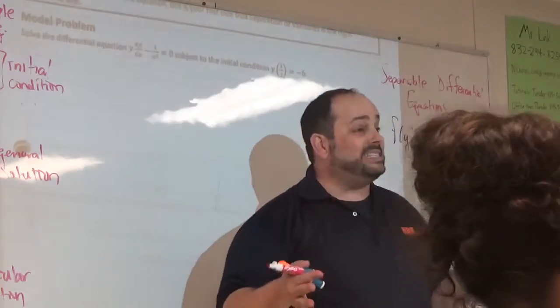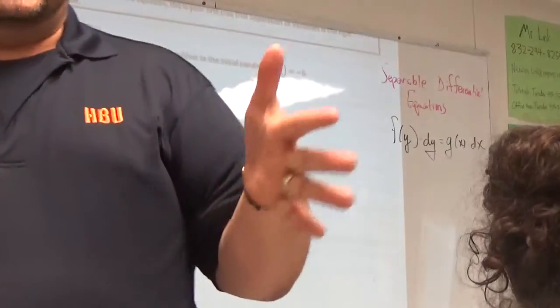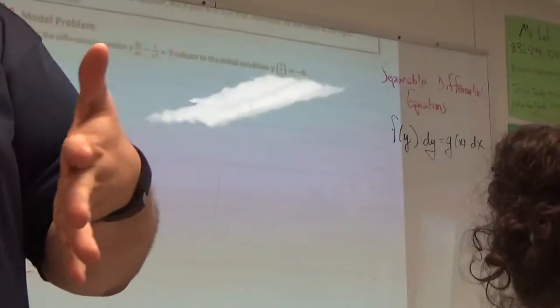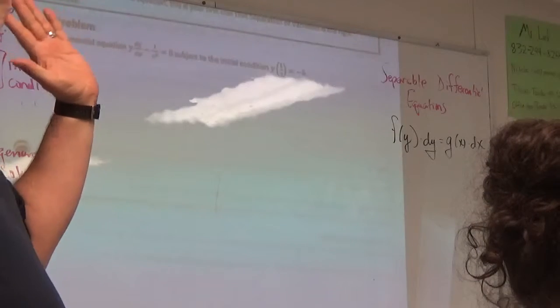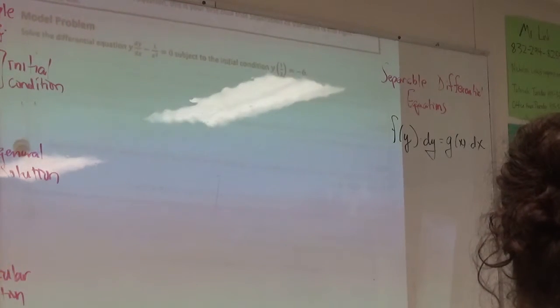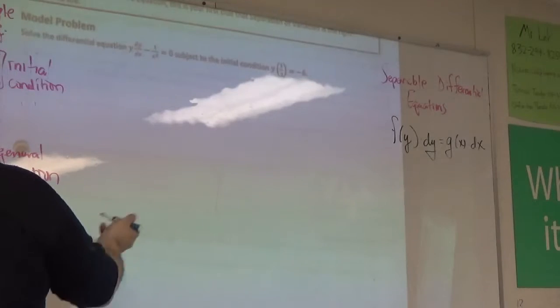For my process folks, who just want the steps to use all the time, this is one of those times. Almost all the problems we're going to work with are separable differential equations, and we're just going to follow this process. All right, so let's get on this.